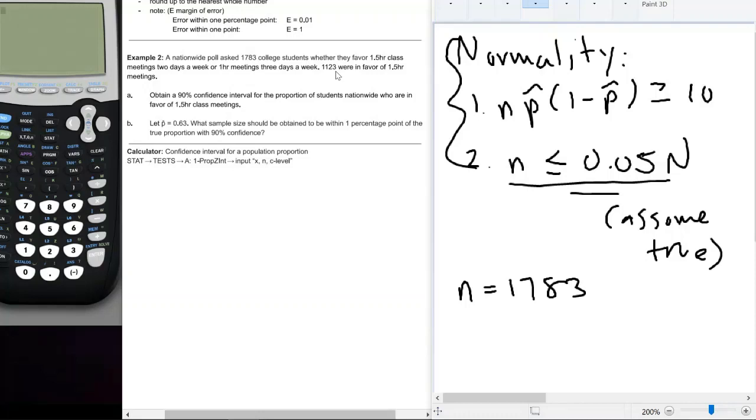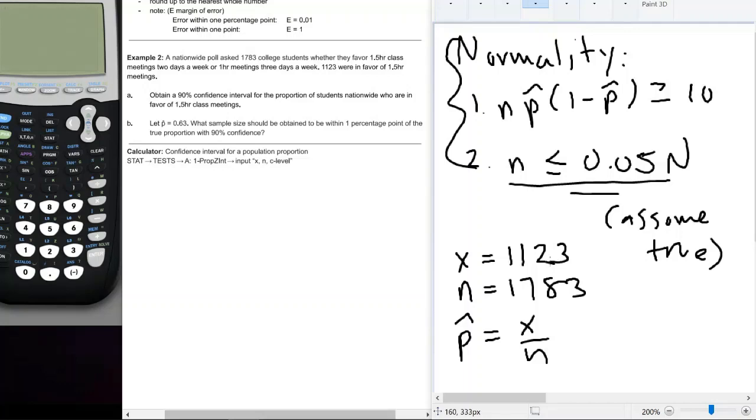And notice we're going to gather a characteristic of interest here. 1123 were in favor of the hour and a half meetings. So that's going to be our characteristic of interest. Remember that p hat has a formula, x divided by n. X is the number that have the characteristic of interest, and in this case, 1123 have that.